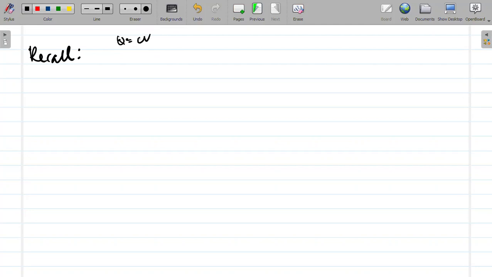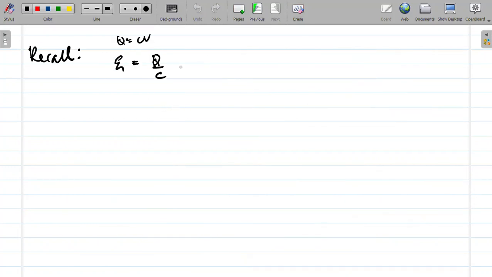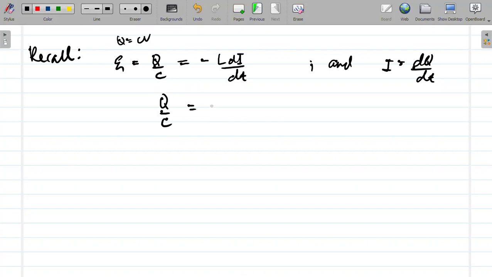You remember this from capacitance. The V we can write as the induced EMF, so E equals Q over C. But recall that E is also equal to negative L dI over dt, and the current is dQ over dt, charge per time. So Q over C equals negative L d squared Q over dt squared.